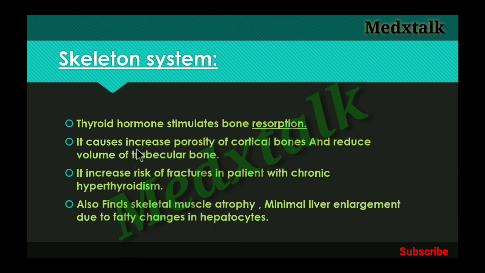It causes increased porosity of the cortical bones and reduces the volume of the trabecular bone. Due to the increased porosity and reduced volume, there is an increased risk of fractures in patients with chronic hyperthyroidism. Also found are skeletal muscle atrophy and minimal liver enlargement due to fatty changes in hepatocytes.